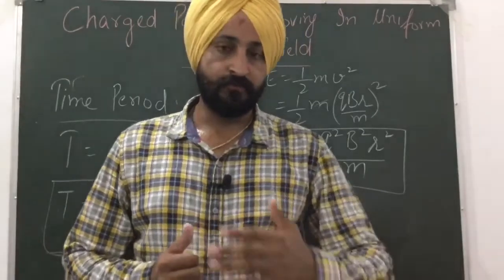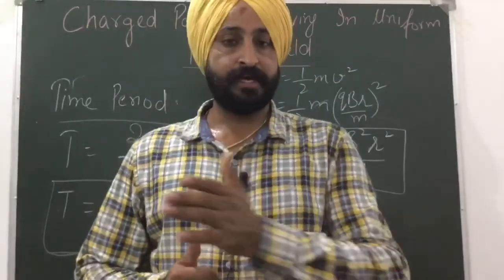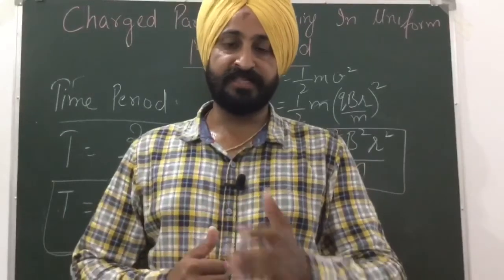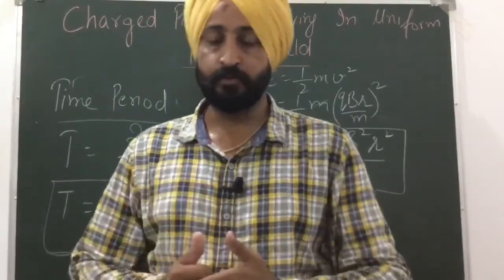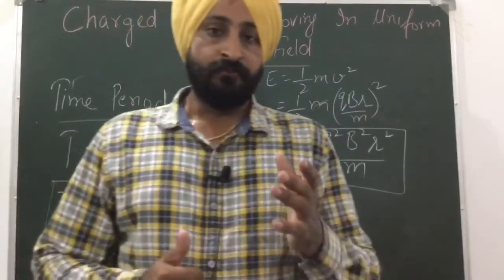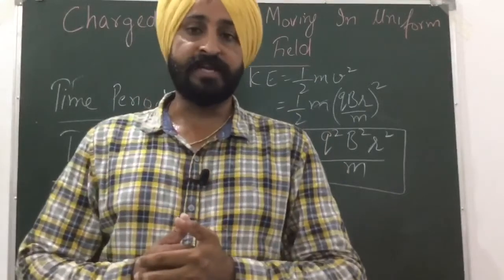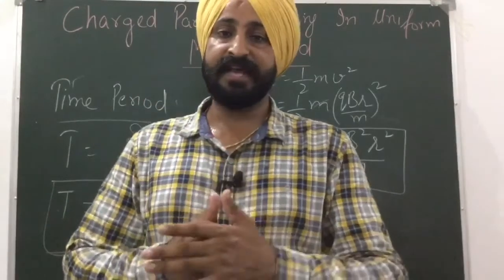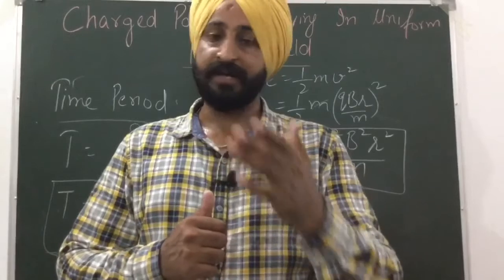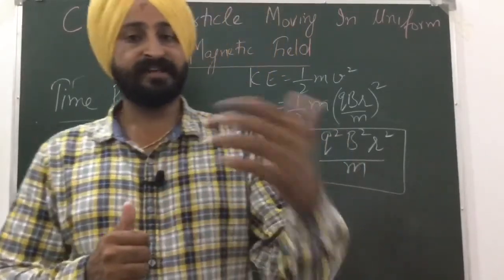in which we have calculated the radius of the path followed by a charged particle when it enters the magnetic field perpendicular to that magnetic field. Now we are moving to the third part, where a charged particle will enter a uniform magnetic field at some angle other than 0 degree, 180 degree or 90 degree. That means it is entering at some arbitrary angle.